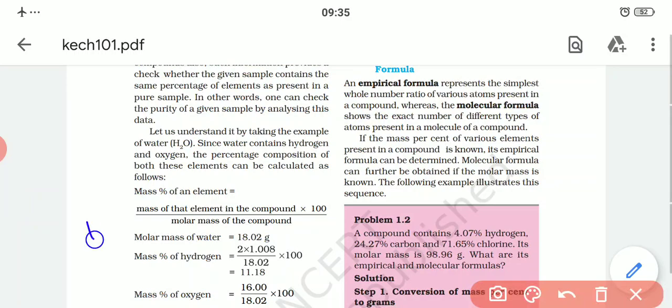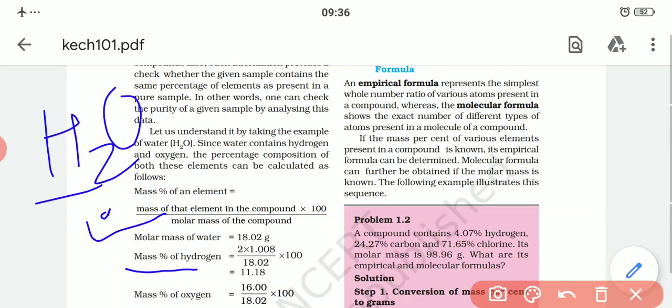Now what do we have to find? The percentage mass of hydrogen. So put the value of the mass of that element in the compound. In H2O, how many hydrogens are present? 2. So what is the mass of hydrogen? 1 gram for 1 hydrogen, 2 gram for 2 hydrogens. So I put 2 here. Now 2 into the mass of hydrogen, 1.008. Now 100 as it is.